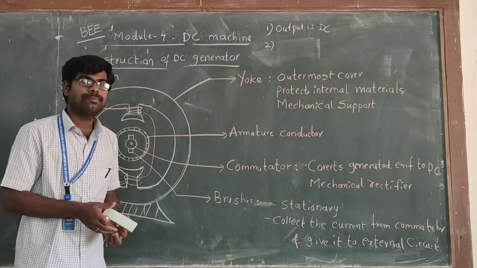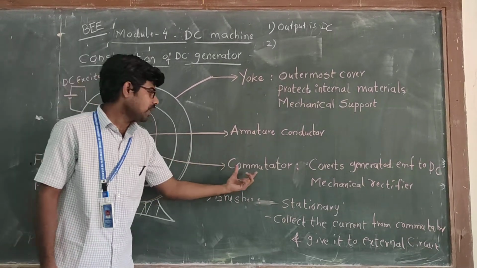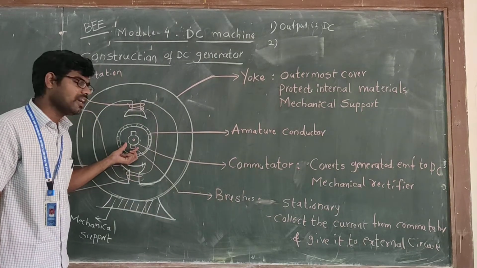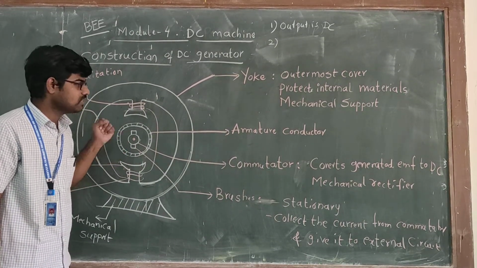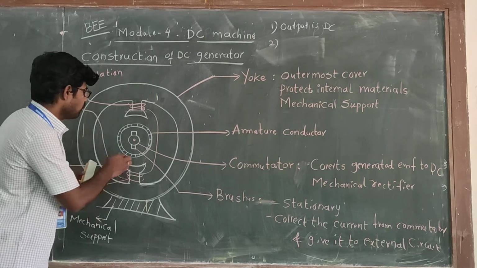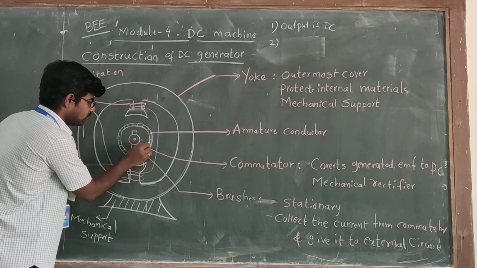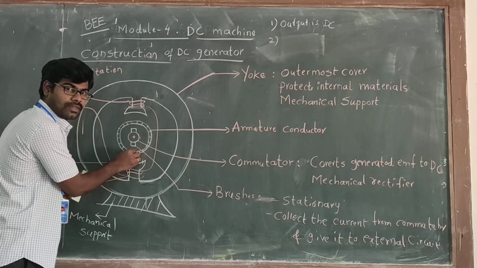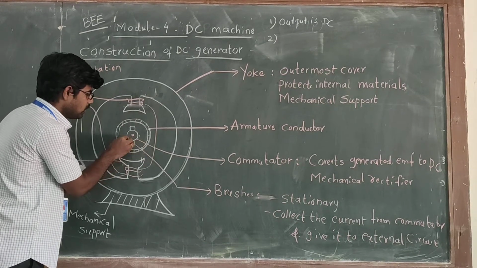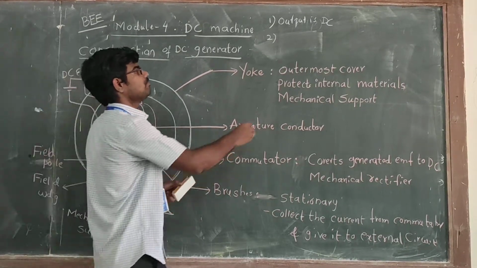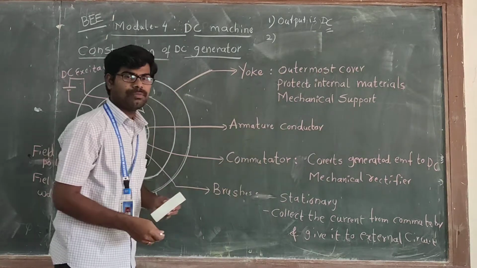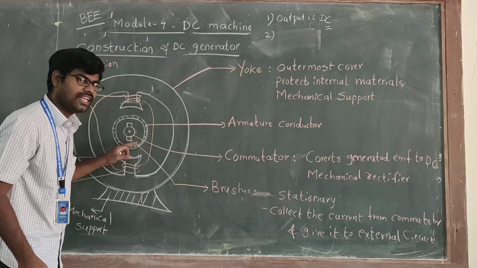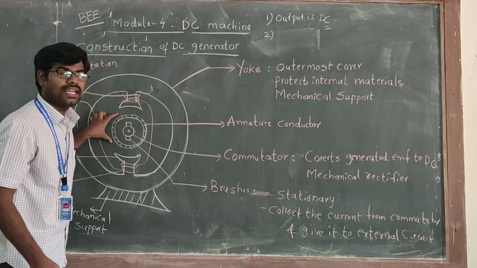Next, the important parts of this DC generator are the commutator and brushes. Inside, we place the commutator and brushes. Whatever electricity is generated inside is rotating in nature. The armature is rotating, but we need DC. The output of the machine is DC, but since it rotates, it produces AC supply.